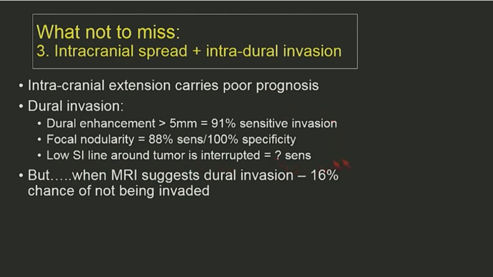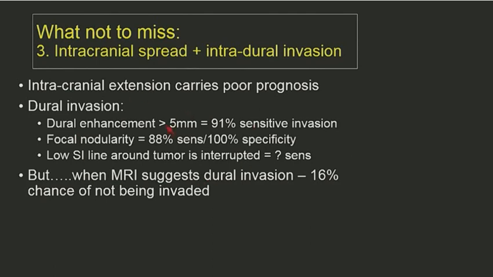So if there's intracranial tumor, but it's extradural, most surgeons will still operate on that patient and may pull that out of the intracranial compartment. But once these findings are present, they have a more focused approach and at least have access to neurosurgery if they think that they will need to get intradural.